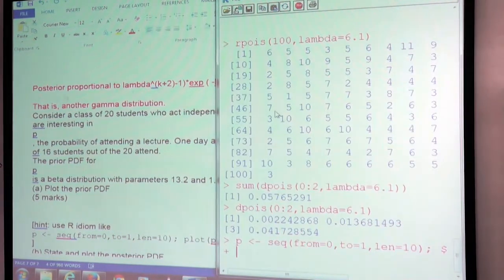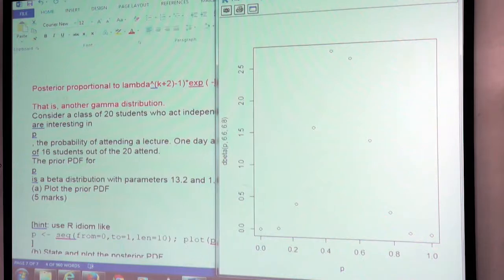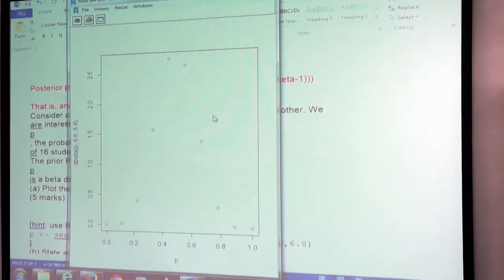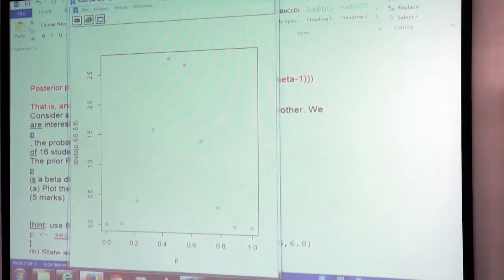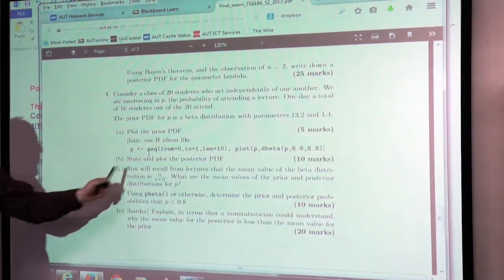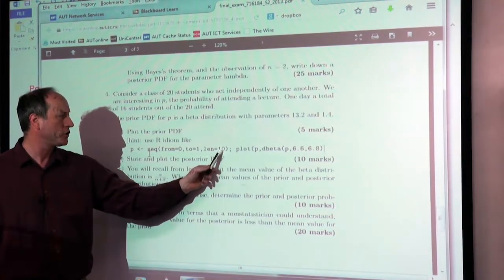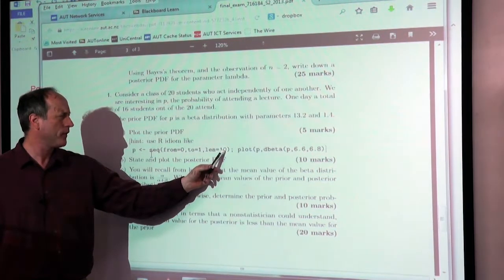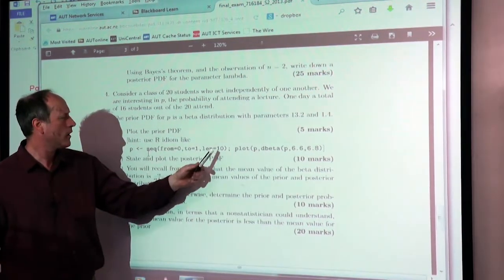A lot of people did that and just put that in, which is bad for two reasons. Let me go back to the question. Firstly, you don't get a picture because it's got such a short length. You don't get that nice smooth curve.